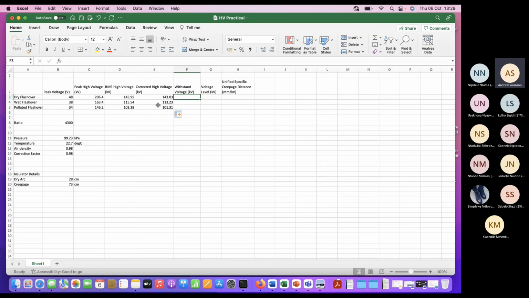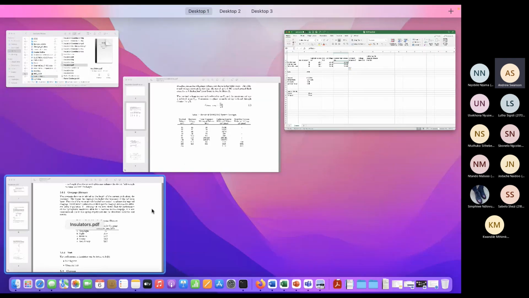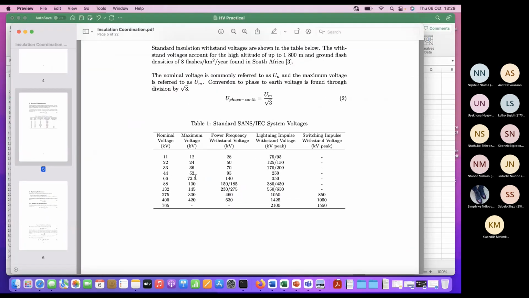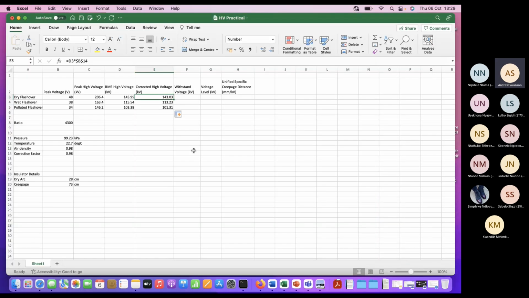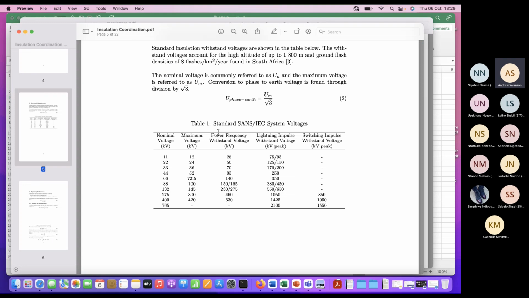Right, so if we've got a flashover of 143, we go and look at the closest withstand voltage below that. So this is telling me it's a 66 kV. So let's start with that.